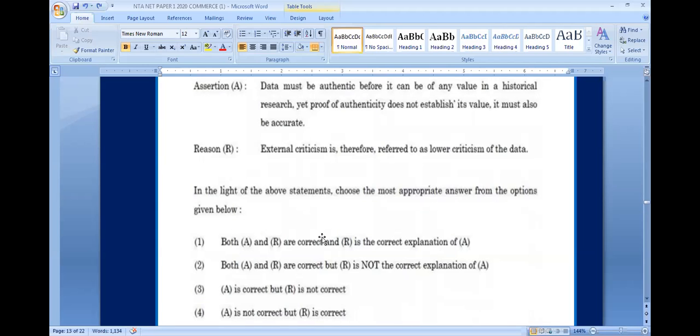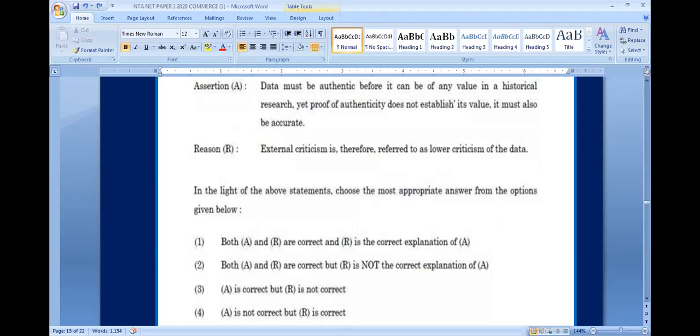Data must be authentic before it can be of any value in historical research. A proof of authenticity does not establish its value. It must also be accurate. Now use a conjunction word because external criticism is therefore referred to as lower criticism of data. Is reason giving explanation to the assertion or not?